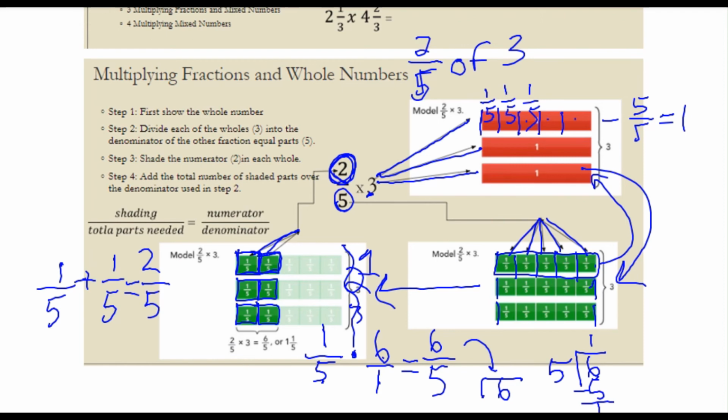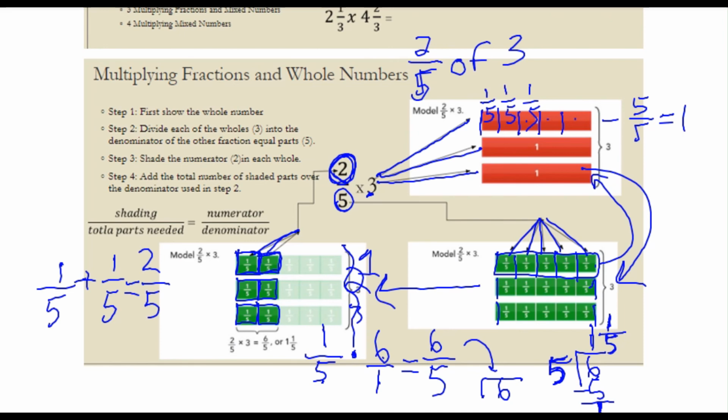Now, if I want to keep a fraction, the remainder is going to be the numerator of my fraction, and the divisor, what I wanted to make a whole group of, is going to be the denominator. Because remember, a fraction is a part out of a whole. 1 is the part that we have left over, and 5 is the whole that we wanted a group of. But we have 1/5 of a group.